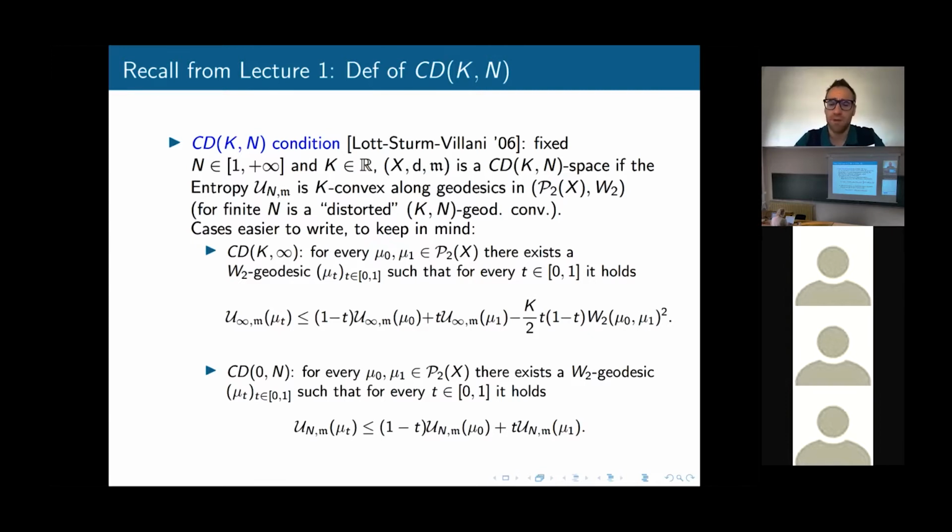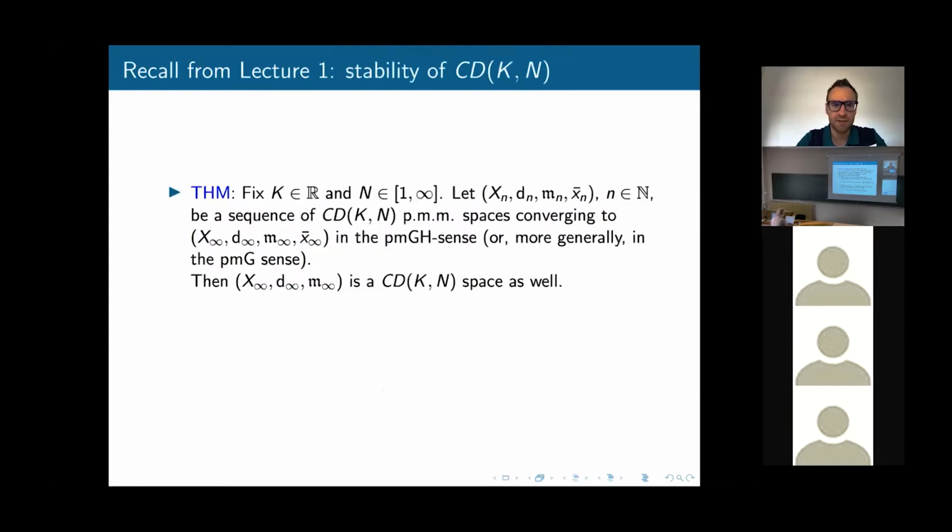But for K equal to 0, it reduces to standard convexity. So let me state it. The CD(0,N) condition means that for any couple of probability measures with finite second moment, there exists a W2 geodesic joining them, such that for any intermediate time, the standard convexity condition holds along the curve. This is what we did yesterday.